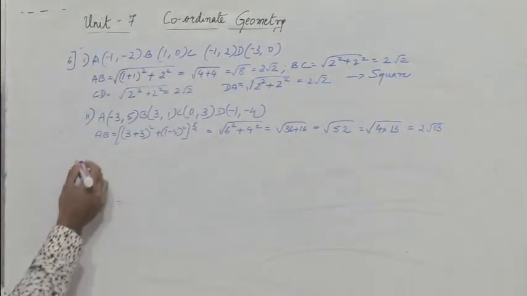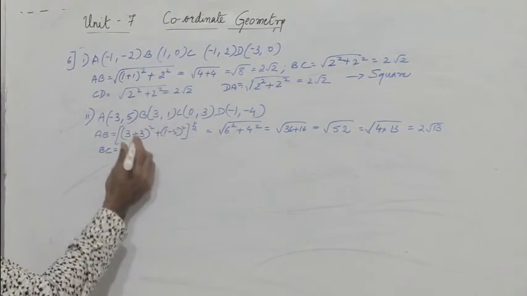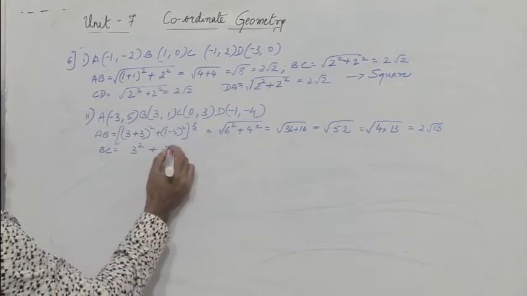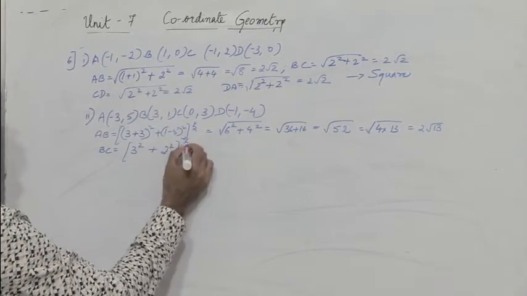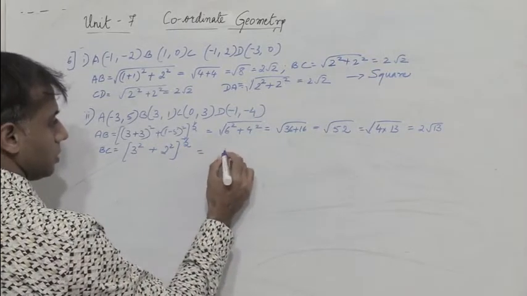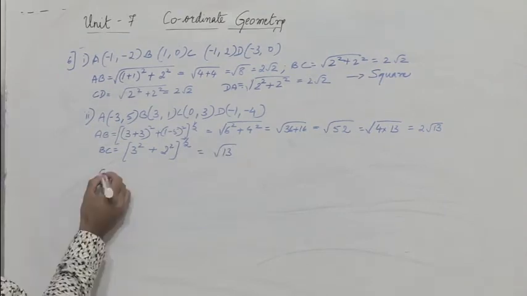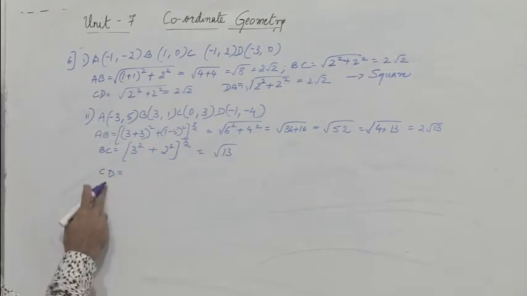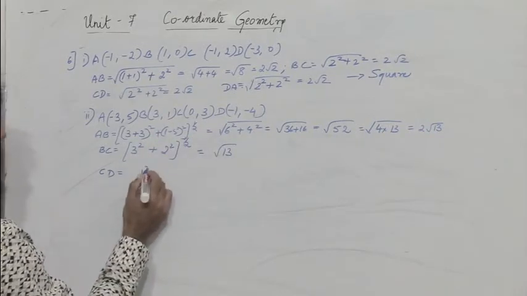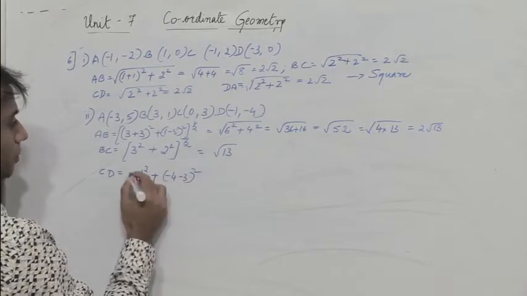So this is AB. Next, BC is 0 minus 3, which is 3 squared, plus 3 minus 1 is 2, 2 squared, the whole root. So 9 plus 4 is root 13. So next we have CD. CD is minus 1 plus 0, which is 1 squared, plus minus 4 minus 3, the whole square.